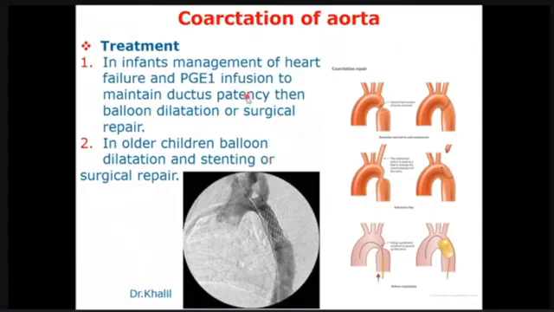So in infants who are symptomatic, prostaglandin E1 infusion, balloon dilatation, or surgery. Stent is not possible in infants because they will grow and the stent will produce iatrogenic coarctation by the age of 2 or 3 years of life. But in older children, balloon and stenting or surgical repair.